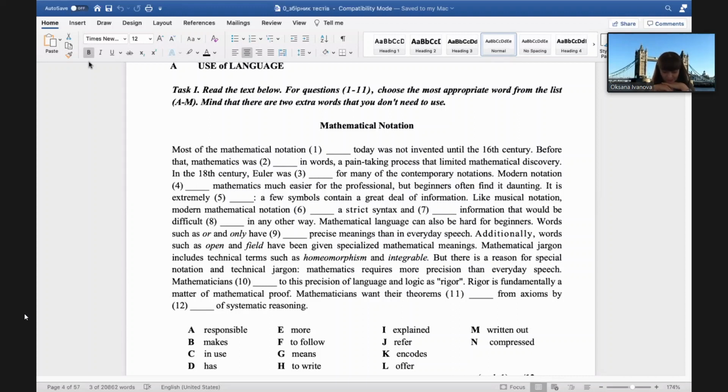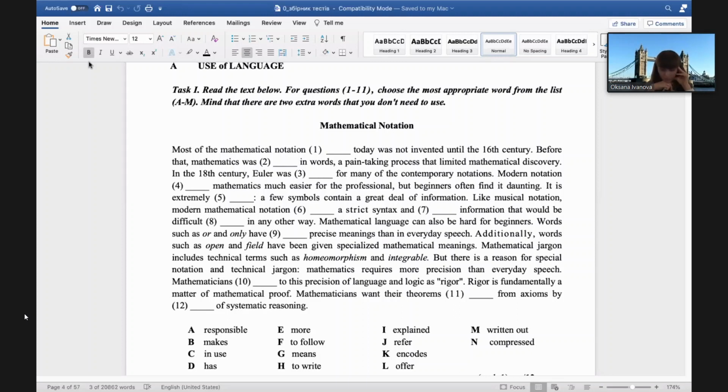Well, I could argue that we can't, we obviously explain mathematics in words, but in text it clearly means writing. We talk about notation, so in this context, written out would be the most correct answer. Because we obviously explain mathematics in words, we can't explain something using just symbols.